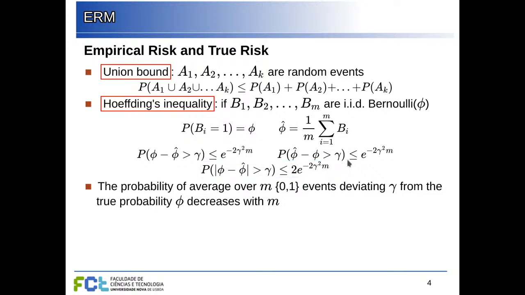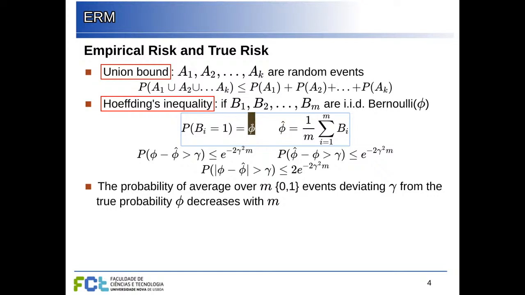So the expression itself is not very important, but the idea is that this is an exponential function and this decreases as m increases. m is the size of our data set. So this is a more formal statement about this intuition that the larger our training set, the closer our estimate of the error will be to the true error.